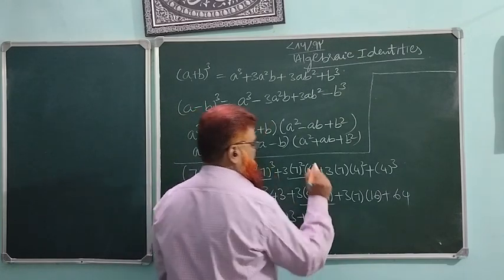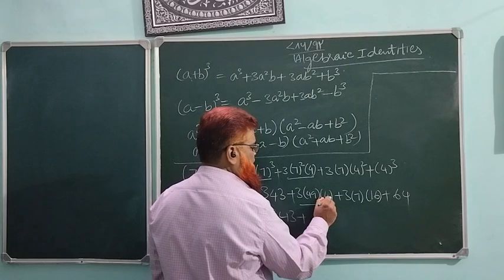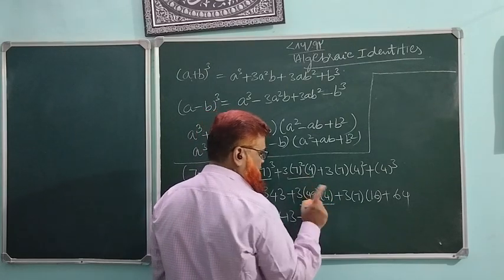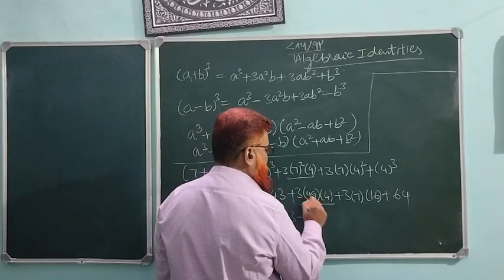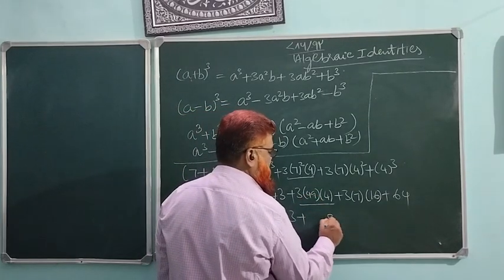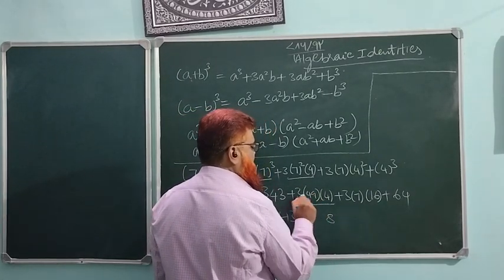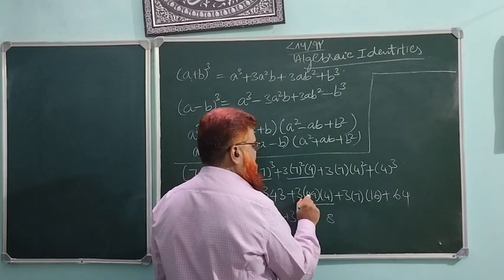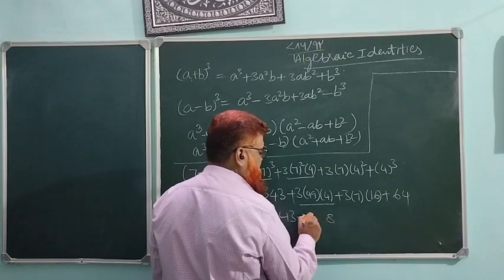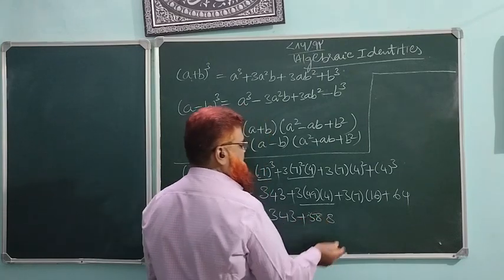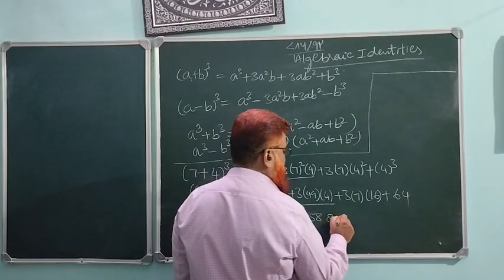You may simplify this one. 3 4s are 12. 12 into 49. 12 9s are how much? 108. It is 10 and 12 4s are 48 plus 10 is what? 48 plus 10 is 58. This is 588. Am I correct?